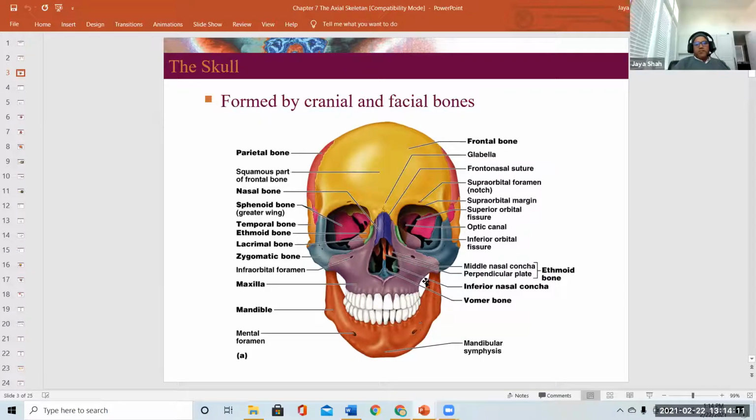And there are several features in the mandible, like mental foramen. And if you go inside, then you're going to see mandibular foramen. This is alveolar socket, and there is ridge, alveolar ridge, where your teeth fit into the alveoli. And then inside bones, you can see here, ethmoid bone, then superior and inferior orbital fissures here.